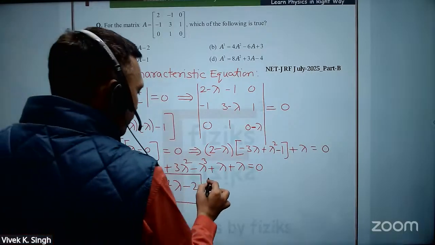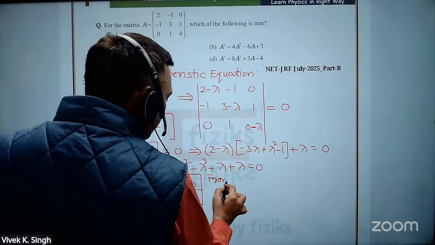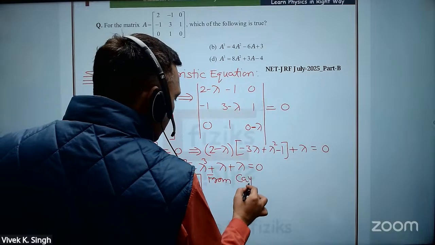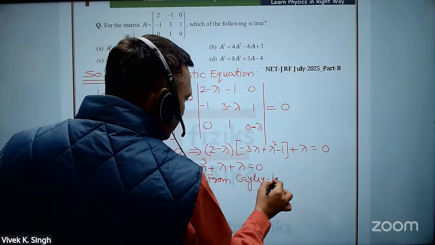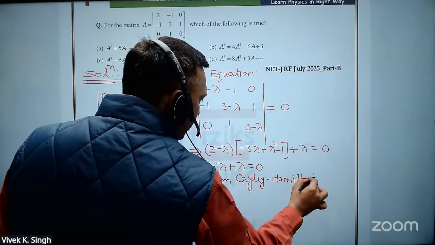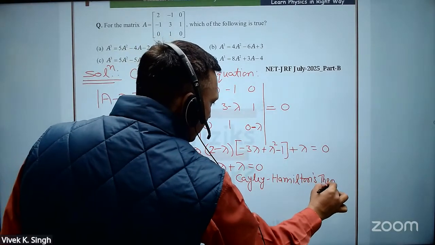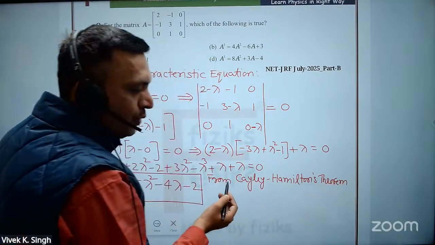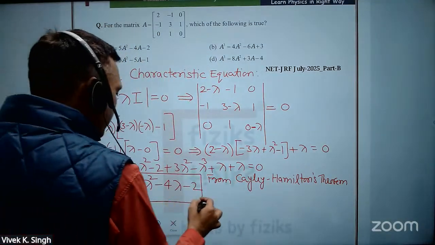And now from the Cayley-Hamilton theorem, every square matrix satisfies its own characteristic equation.